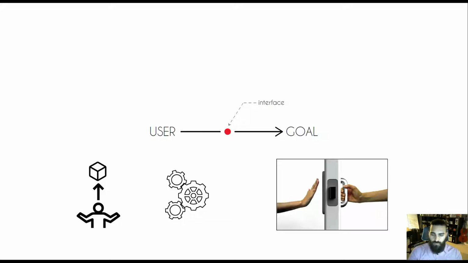The point here is that each design needs the human to be able to understand and interpret the signifiers to be able to operate the affordances of the design, right?